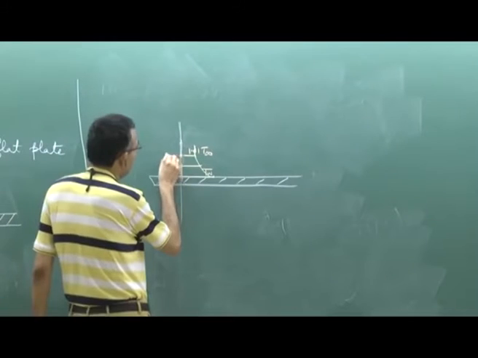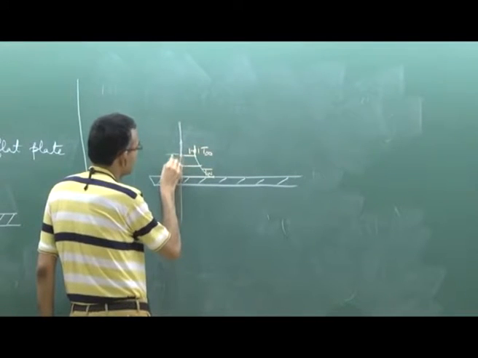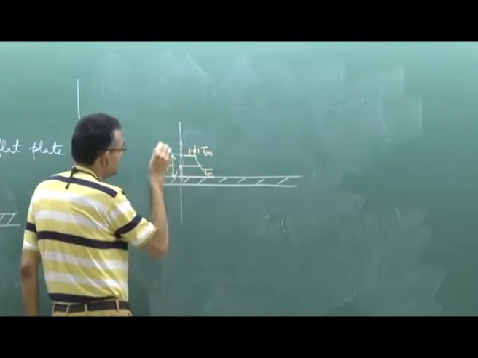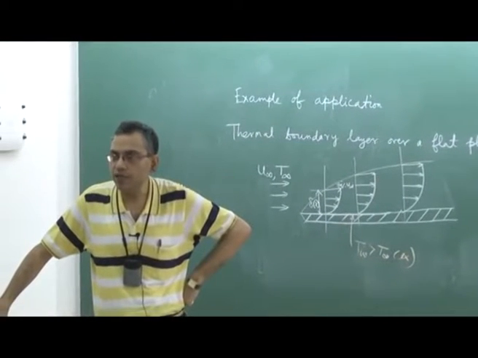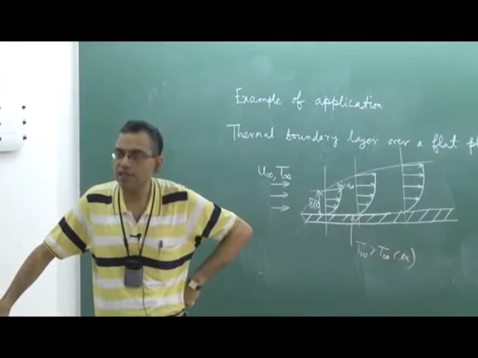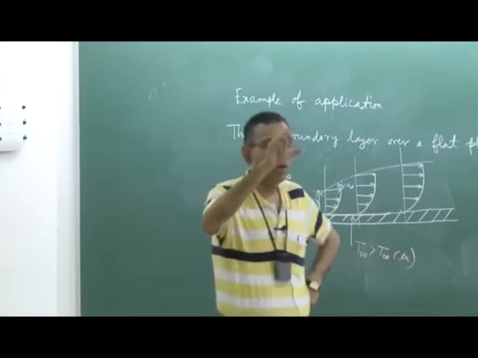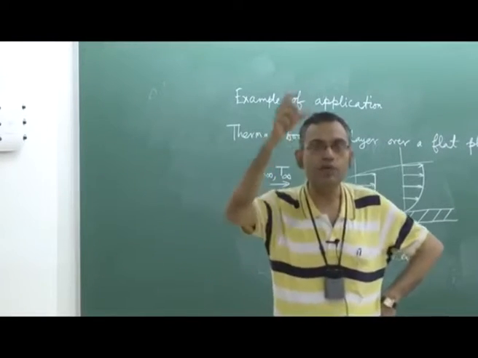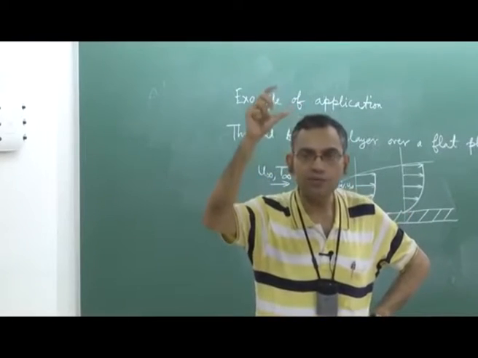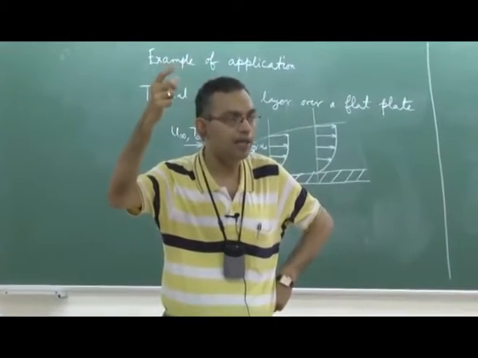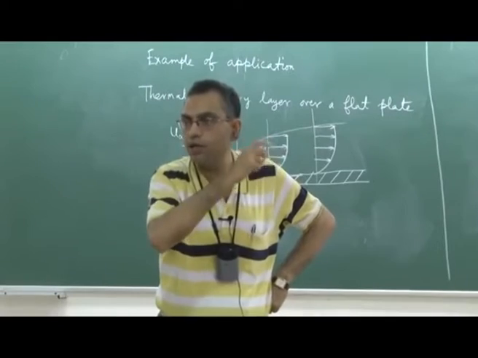So, this distance from the wall at which the temperature attains practically T infinity, this distance is called the thermal boundary layer thickness. Just like the velocity where it attains practically u infinity, that distance from the wall is called the hydrodynamic boundary layer thickness, this is called the thermal boundary layer thickness.